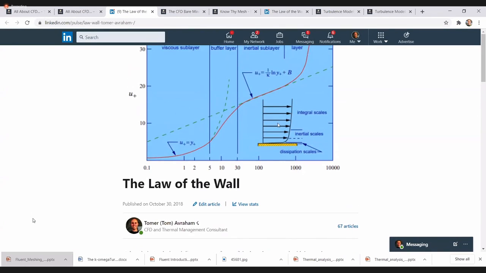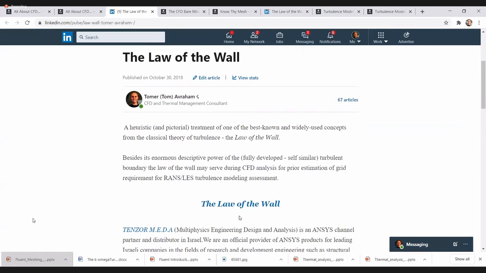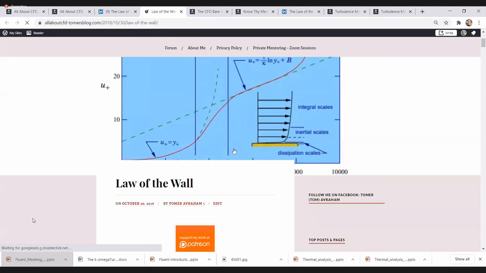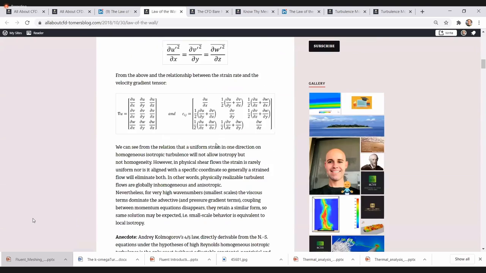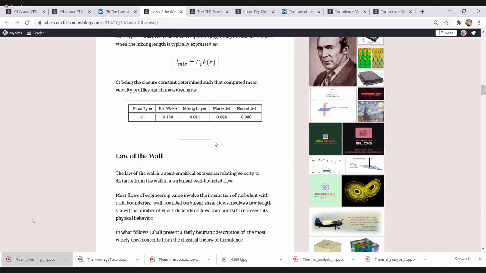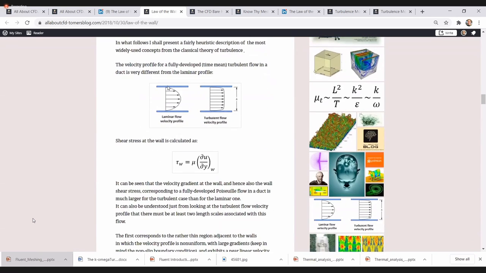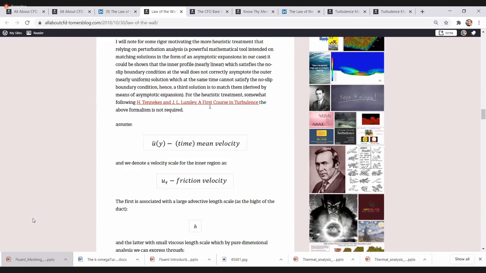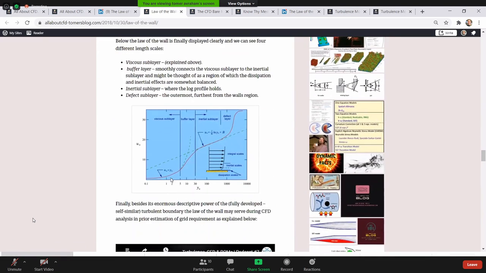Okay. Here is the law of the wall. The turbulent boundary layer, unlike the laminar boundary layer, which is parabolic for the case of, let's say, a pipe or channel flow, is comprised of a few different matching zones.